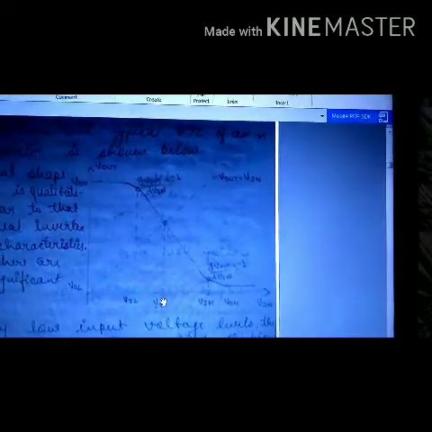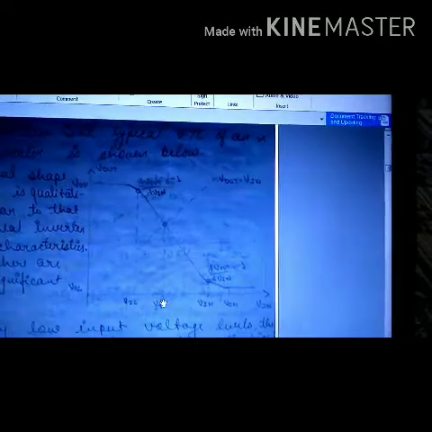Now there is something known as the inverter threshold voltage, which we have shown here by VTH. It is considered the transition voltage. This is the transition period, and the voltage at this level is known as the threshold voltage.